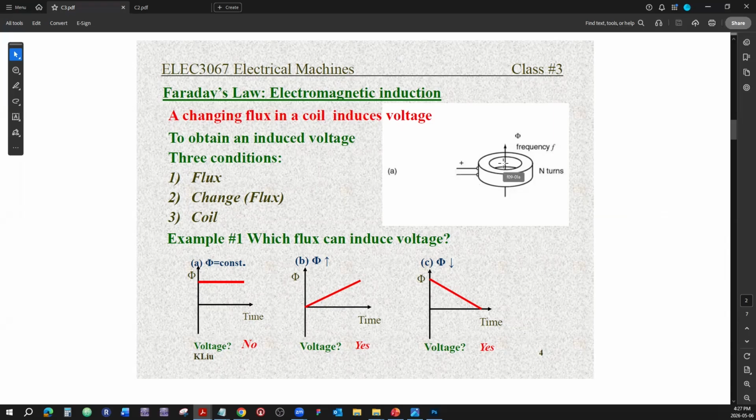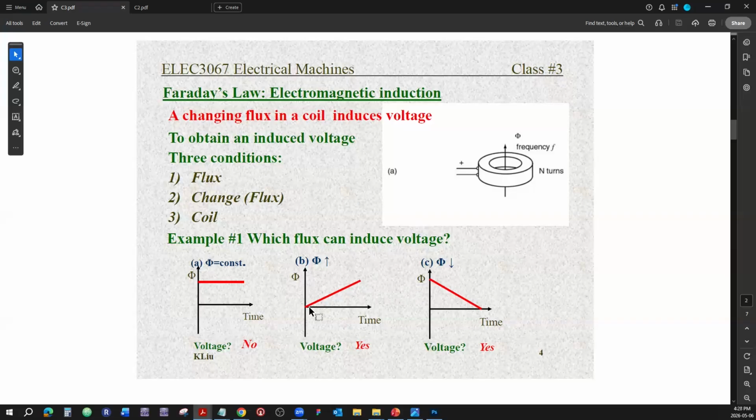As soon as the magnetic field changes, then the voltage is going to appear. So when we have the magnetic flux changing over time, then we're going to have a voltage induced.